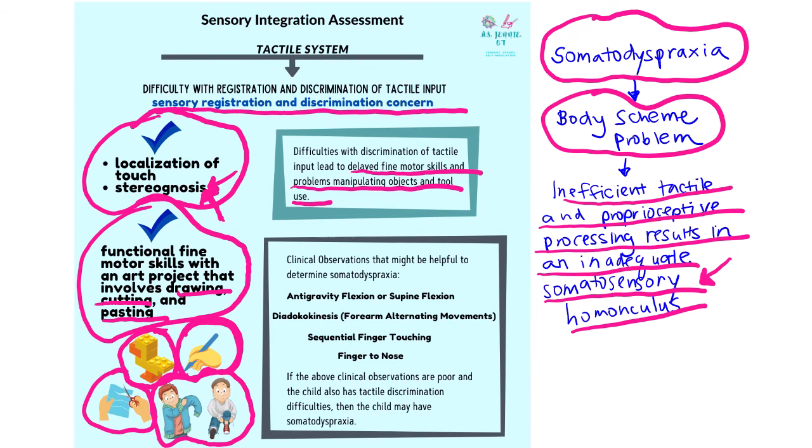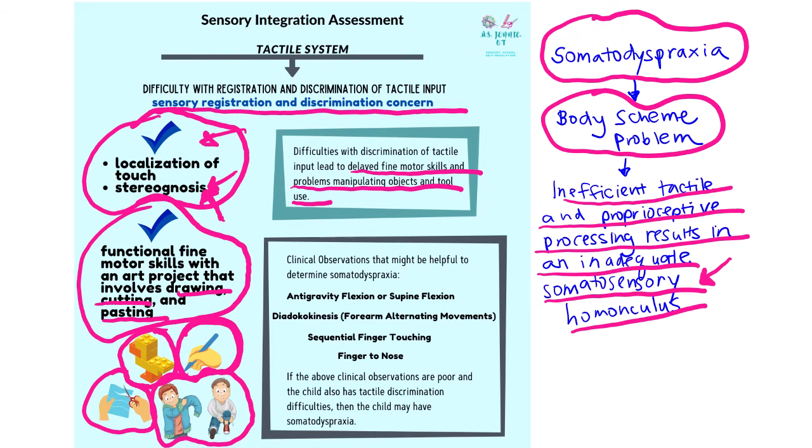So they will have a difficult time putting on their socks, putting on their shoes, putting on their jacket, or taking it off, because they don't know where their body is in relation to other pieces. And so it's just difficult for them to do that whole motor plan of all of those activities.